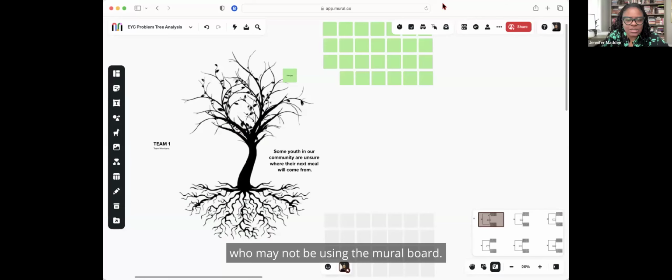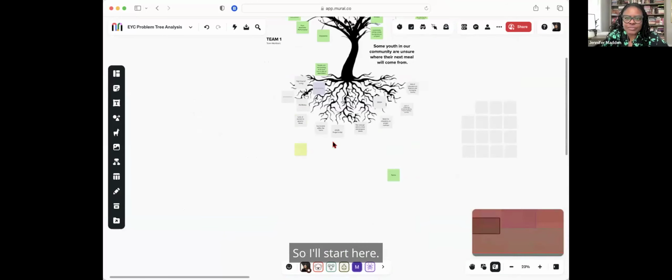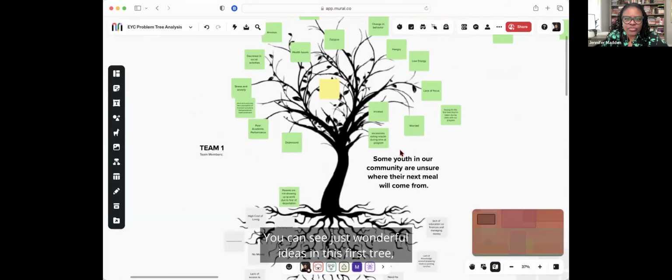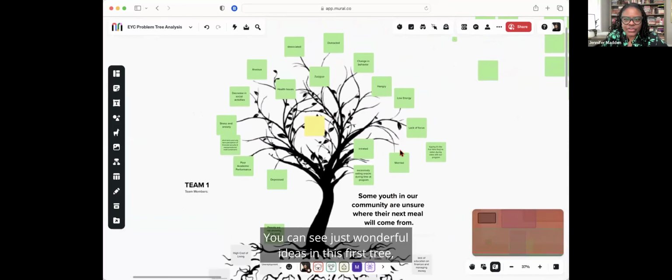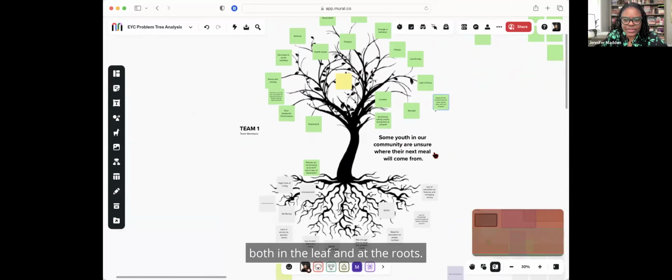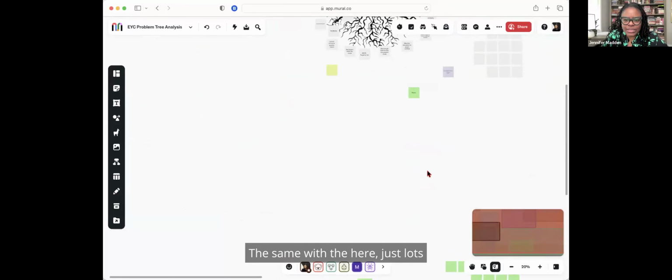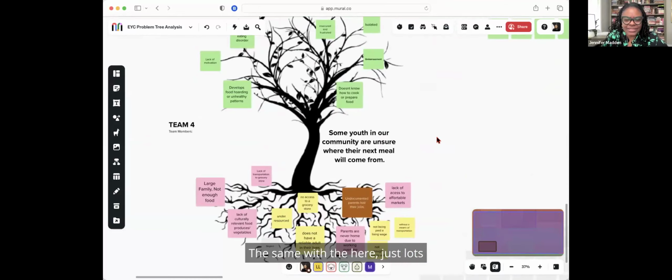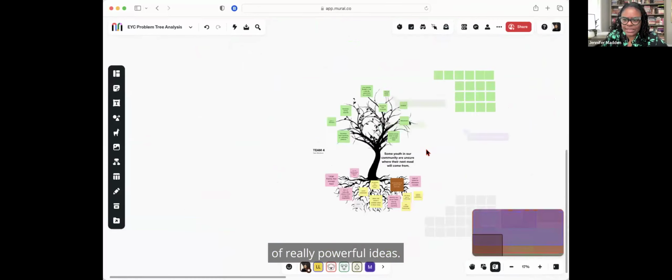And then I'll just share my screen really quickly for those who may not be using the Miro board. I'll start here. You can see wonderful ideas in this first tree, both in the leaf and at the roots. The same here, lots of really powerful ideas.